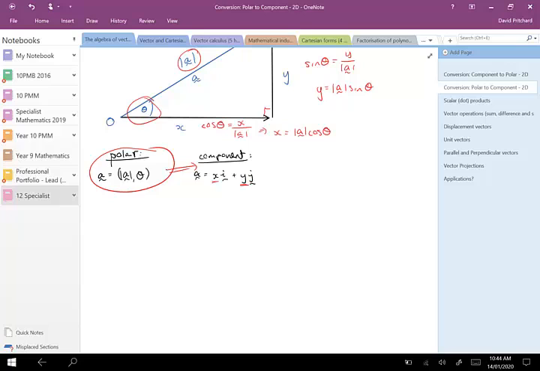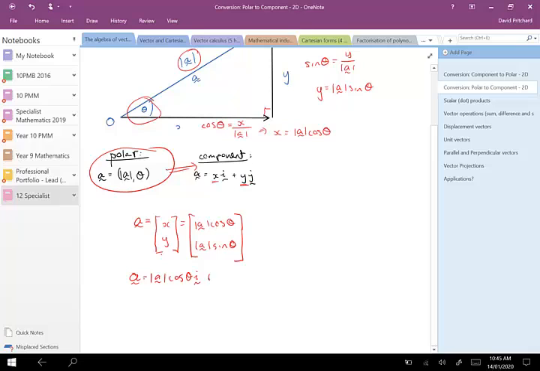So it's as simple as saying that the new vector a will be, in vector form, x and y, which will be magnitude cos theta and then magnitude sine theta. Now if we want to write it in our standard component form, then it will be a cos theta i and a sine theta j.